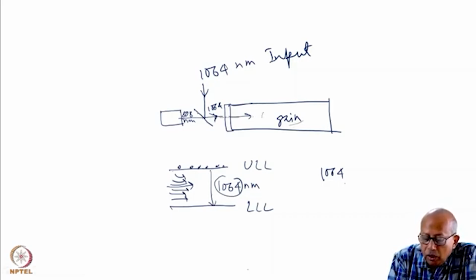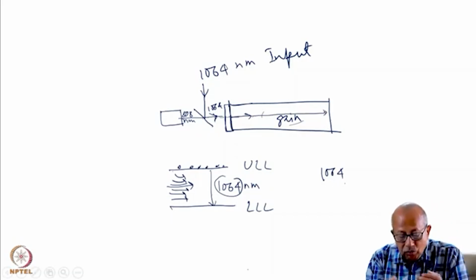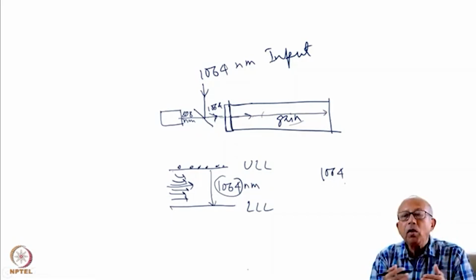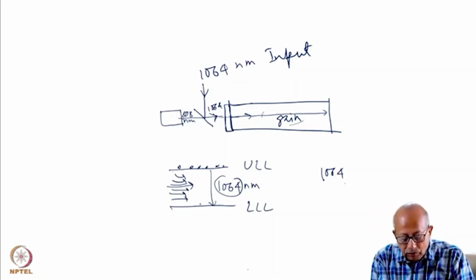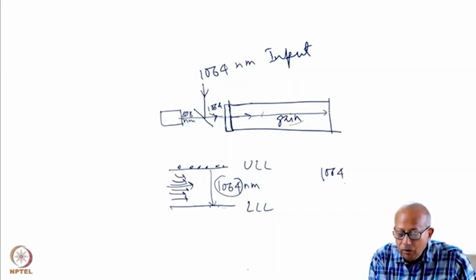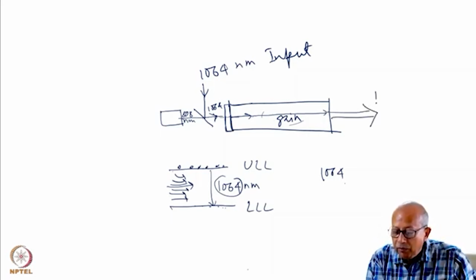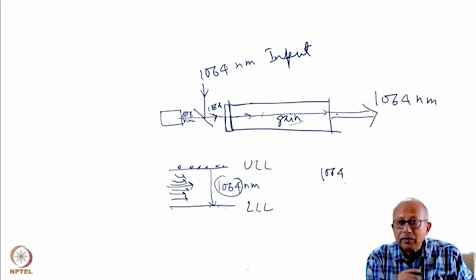Now 1064 nanometer is reflected by this, and the other mirror also transmits 1064 nanometer, which will travel through the rod, and as it passes through, it will be amplified. The number of photons will keep on increasing as a result of stimulated emission, and there will be much less absorption because the lower laser level is not populated. So this beam will be amplified, and you will have an amplified beam at 1064 nanometer. That is how you can even use this as an amplifier.